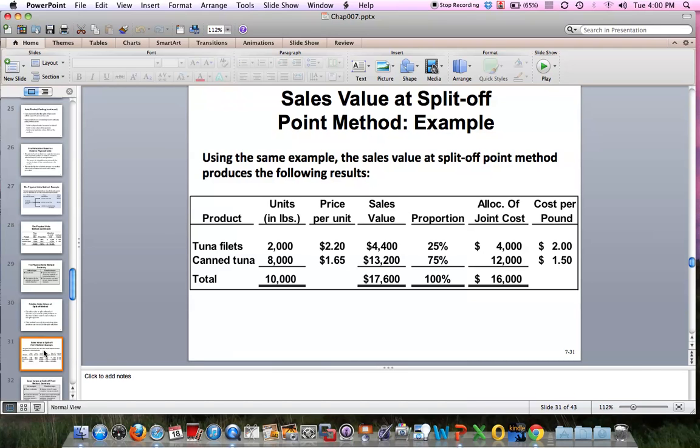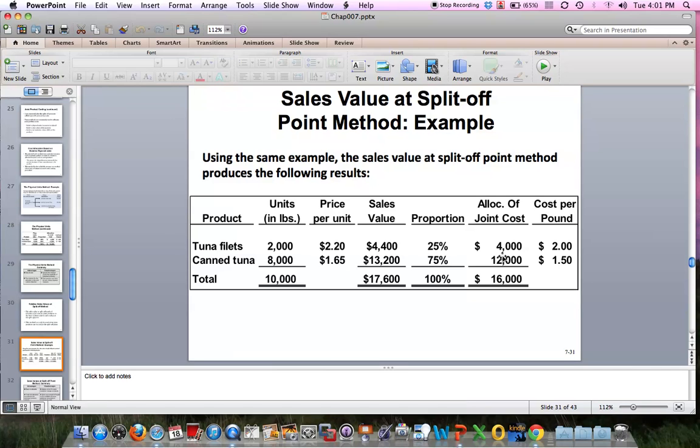Remember, we have 10,000 pounds of products we can sell, 2,000 of fillets, 8,000 pounds of canned, and the sales price per unit is $2.20 for a fillet and $1.65 for canned. You can see the sales value of each based on that total sales value of $17,600. The proportion is 75% of that is canned, 25% is fillets, and we'll use that then to allocate.